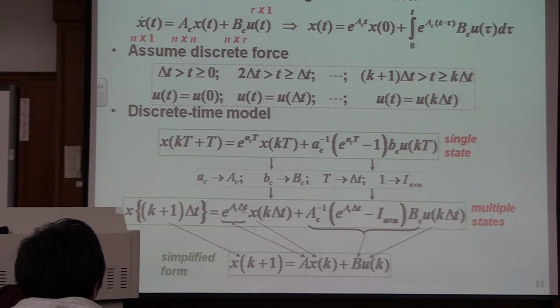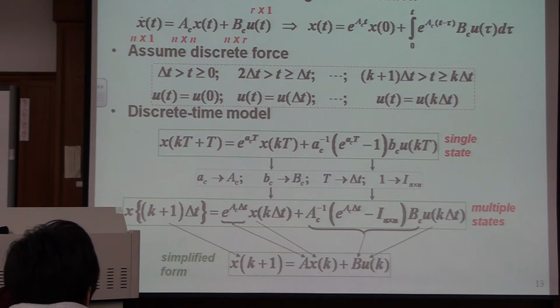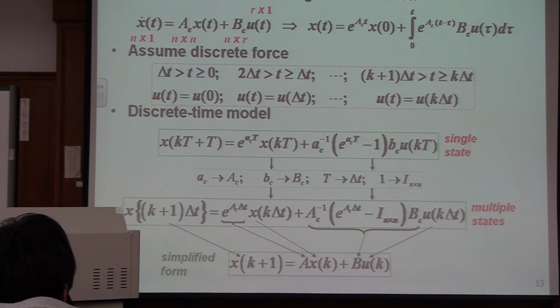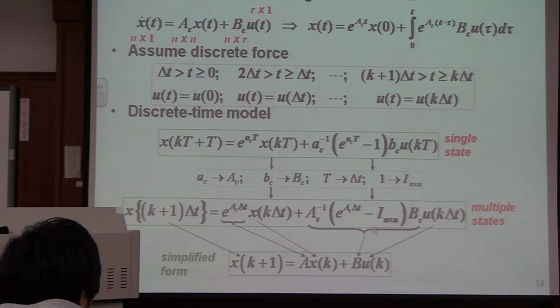E to the AC delta T, a matrix exponential, no problem, right? And B will be computed by AC inverse, parenthesis E to the AC delta T minus I, n by n, and then parenthesis BC. B can be computed by this. Then what is the problem there? Do I have a problem to do that?